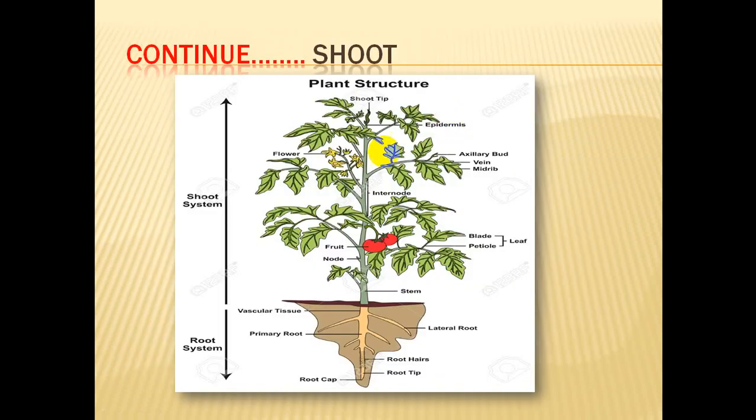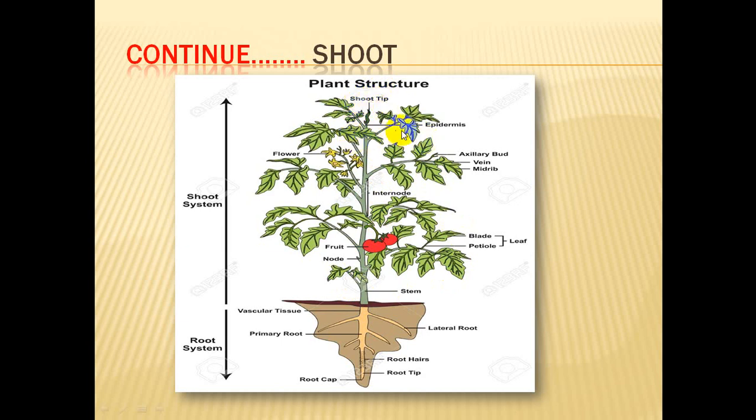Just see, this is the picture of a shoot system and root system. From the top of the plant to the end, that means the soil, some portion goes under the soil and some portion is above the soil. The portion above the soil starts from the apical bud, the upper portion of the plant, and this is the shoot tip.